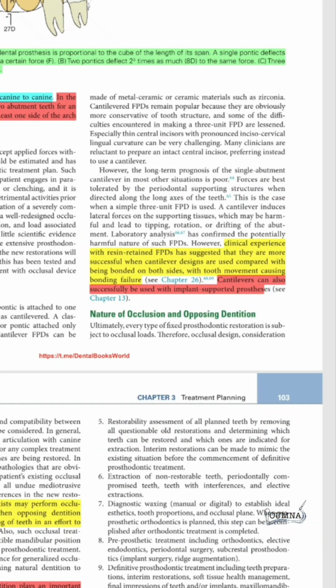A nice piece of information is that resin-retained bridges were more successful when they were cantilevered in comparison to when they were bonded on both sides, with tooth movement causing bonding failure, which means that cantilever designs show more successful results when they are bonded to one side only.